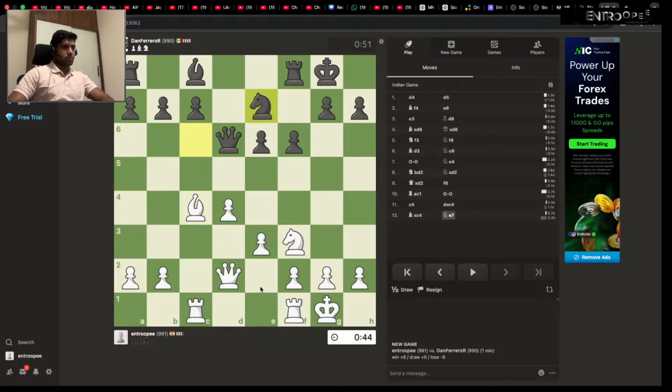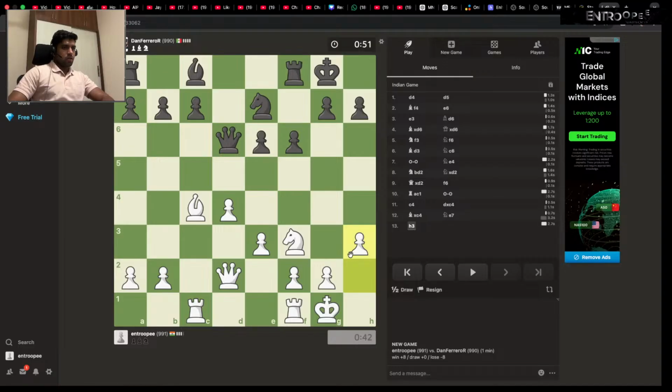Bullet chess is like one minute chess games. It's gonna be extremely fast, but it's fun.